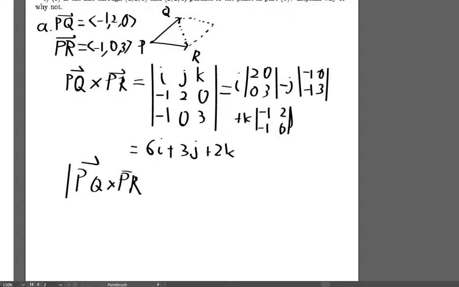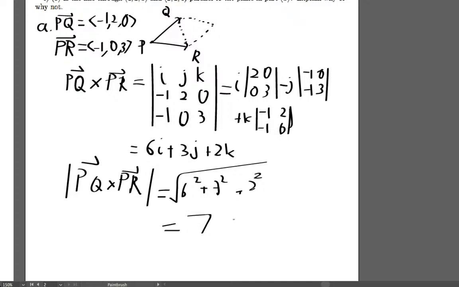Using the same thing, 6 squared plus 3 squared plus 2 squared. What you'll get is 36 plus 9, that's 45, plus 4, that's 49. Take the square root, that's 7. And this is the area of the parallelogram.